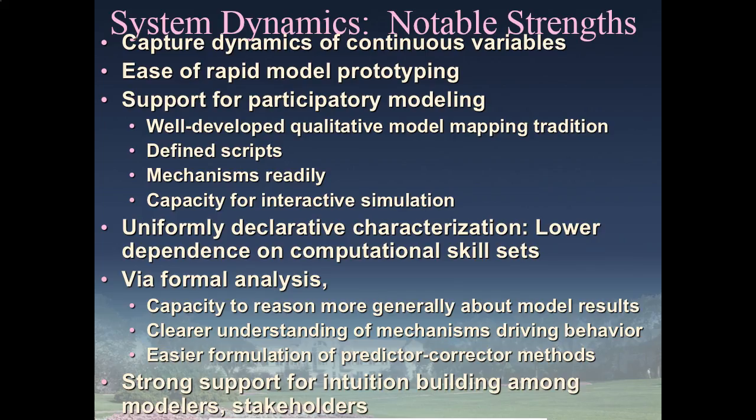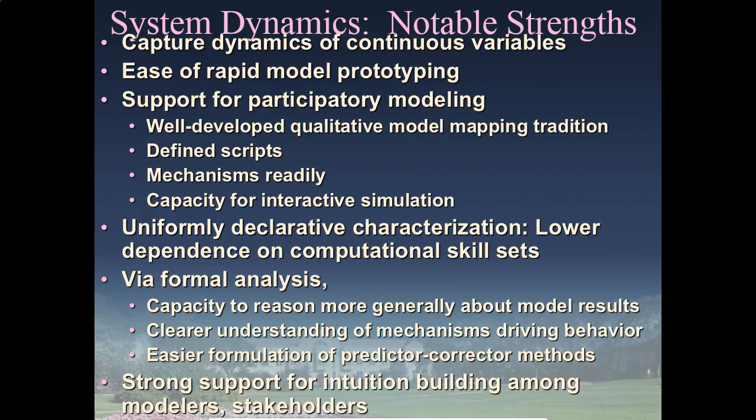It's a very well-defined area, group model building, and you basically build the model with virtually no programming in a traditional sense. There's some mathematical thinking, but it's no programming. And then you can reason about the possible behaviors of the model in a much stronger way than you can with an agent-based model, the types of models we'll see next.